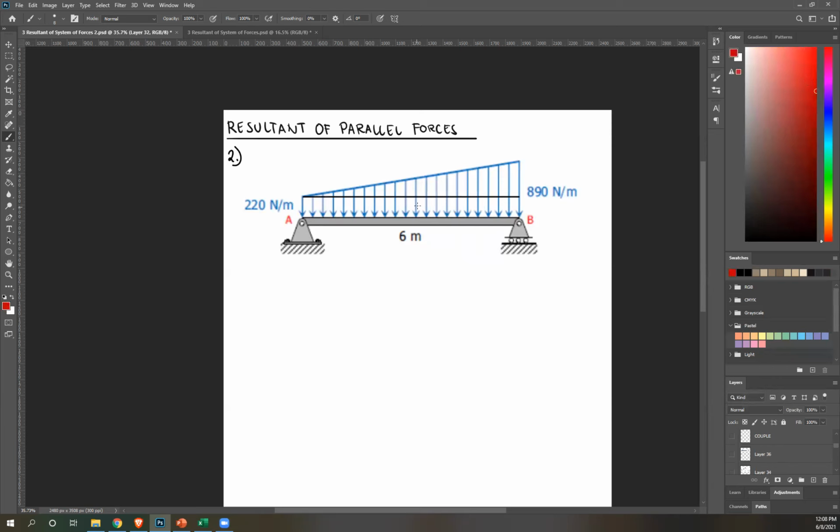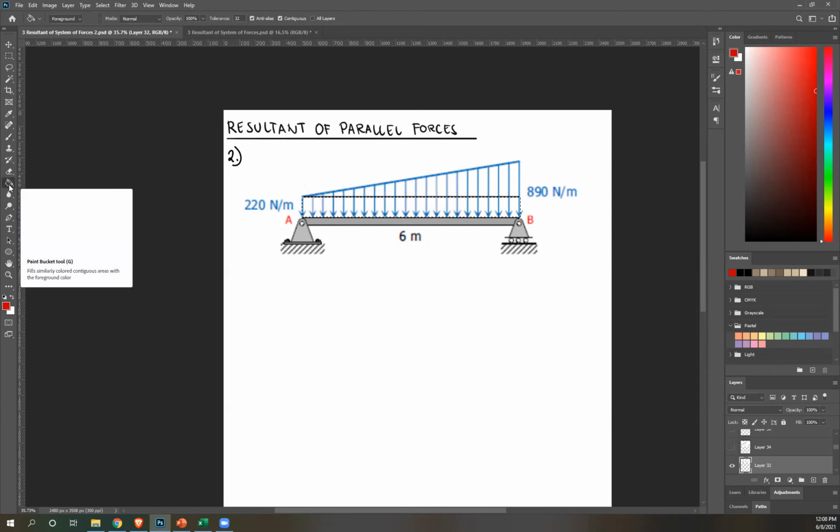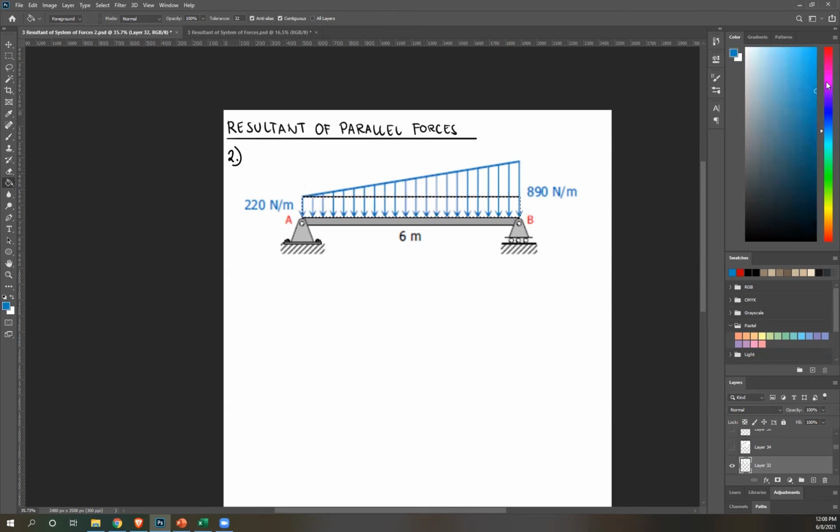Let me mark that out. So first we have this, a rectangle. Let's consider that. This rectangle, I'll add a color to it so that it's easier to see. Violet.